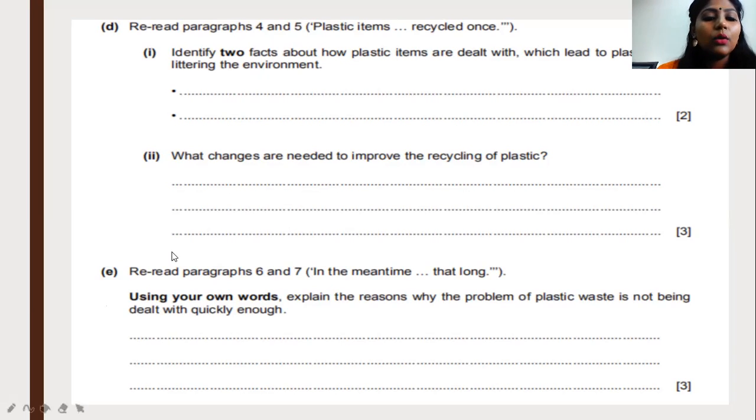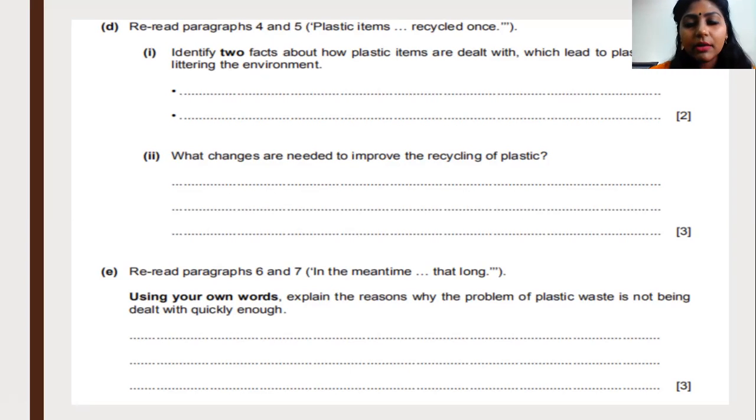Looking at the last part of the question, read paragraph 6 and 7. The focus should be on paragraph 6 and 7, and here the students are supposed to use their own words. Anything which is entirely copied from the original text will not be credited with any mark.